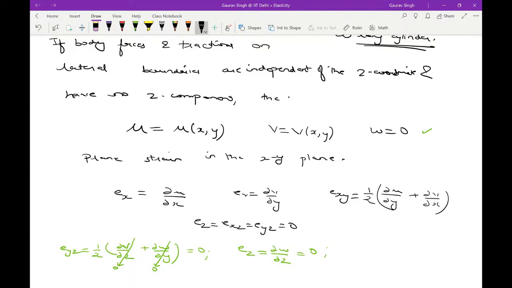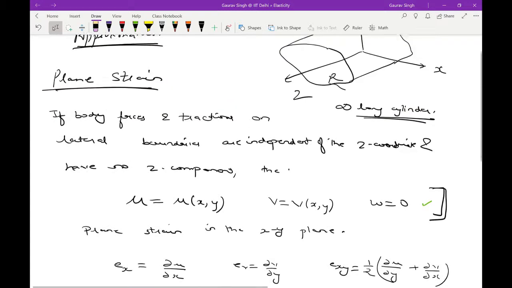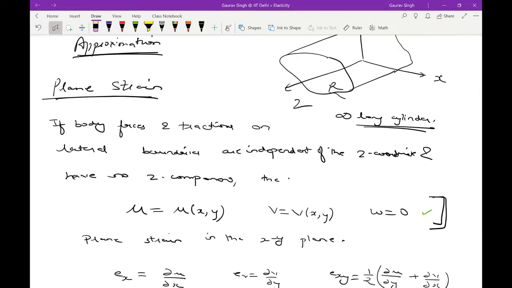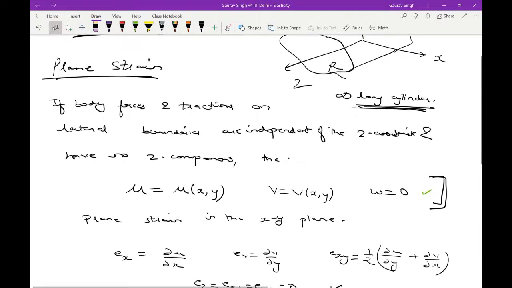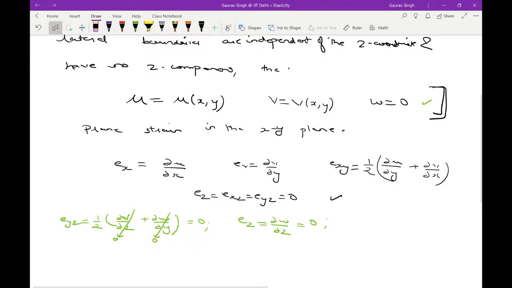Do remember that this is happening because this is an approximation which you have taken because this cylinder was infinitely long. It's long because you are taking the length along the z direction. So that's how we are able to write it.